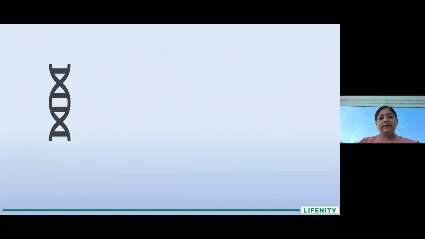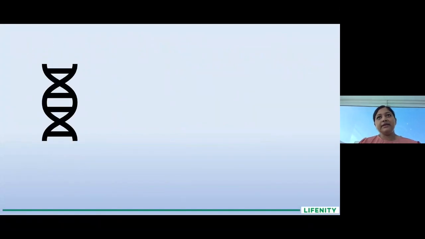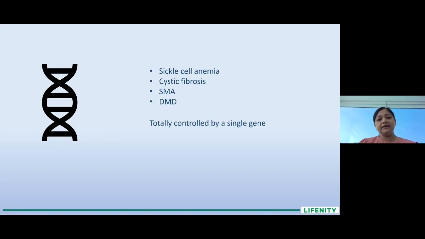I need to explain one more thing. It is not only some mutations which will cause the disease, or some mutations which along with the environmental factor will cause the disease. To understand which type of disease it is, we look for this kind of testing. Here on the right-hand side you can see sickle cell anemia, cystic fibrosis, SMA and DMD.